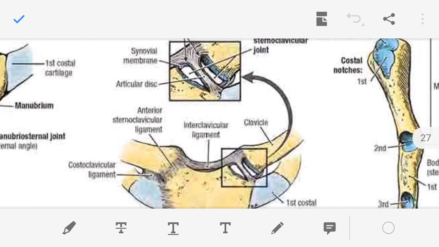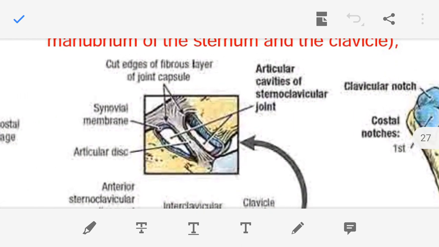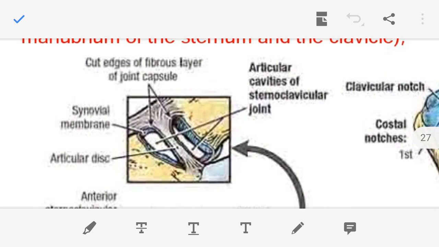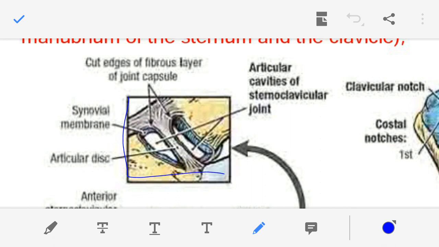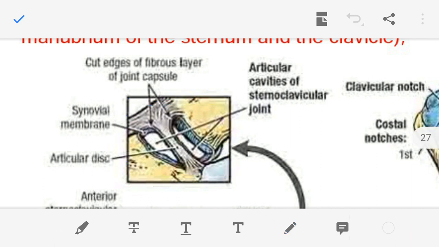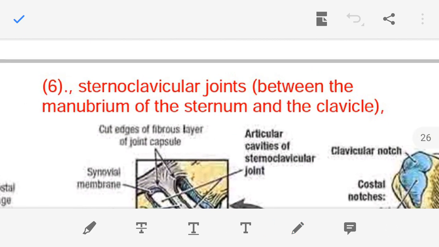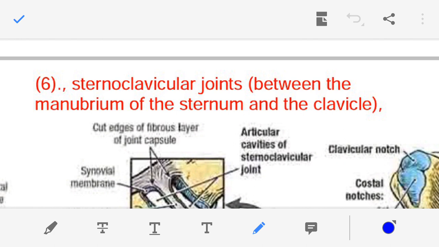This sternoclavicular joint is an example of a plane joint.